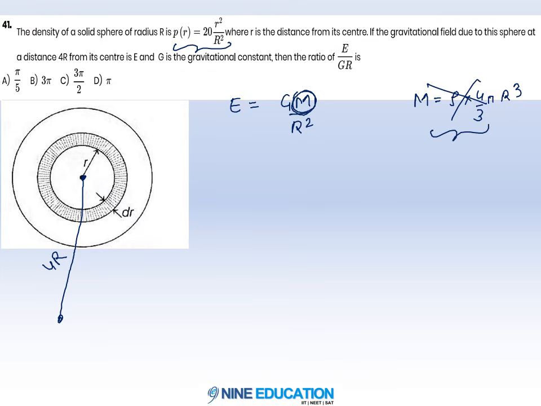Because rho is not constant. So what we can do is take a small spherical element whose radius is r and thickness dr. So this is a small mass element.